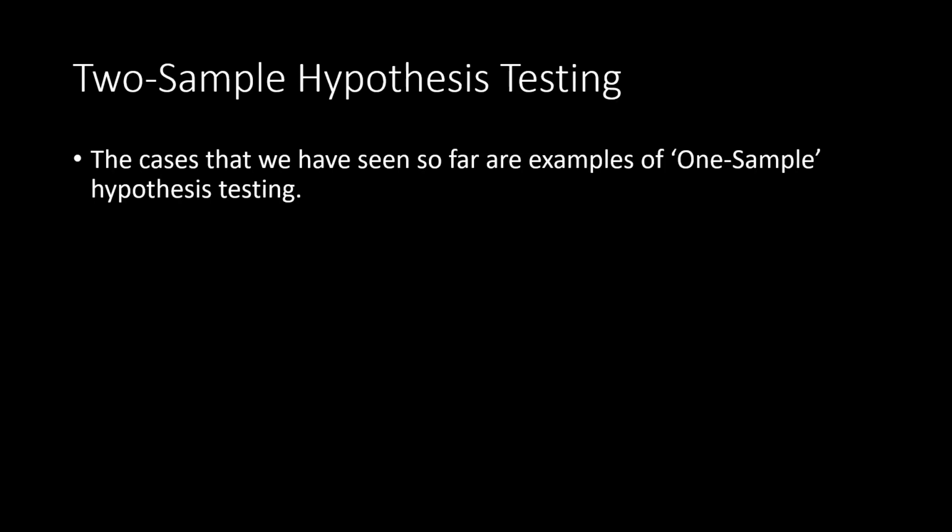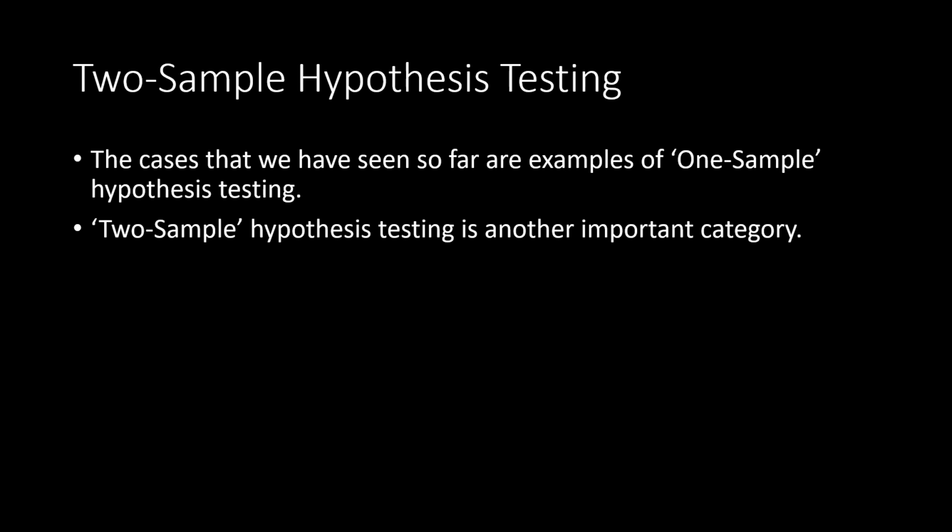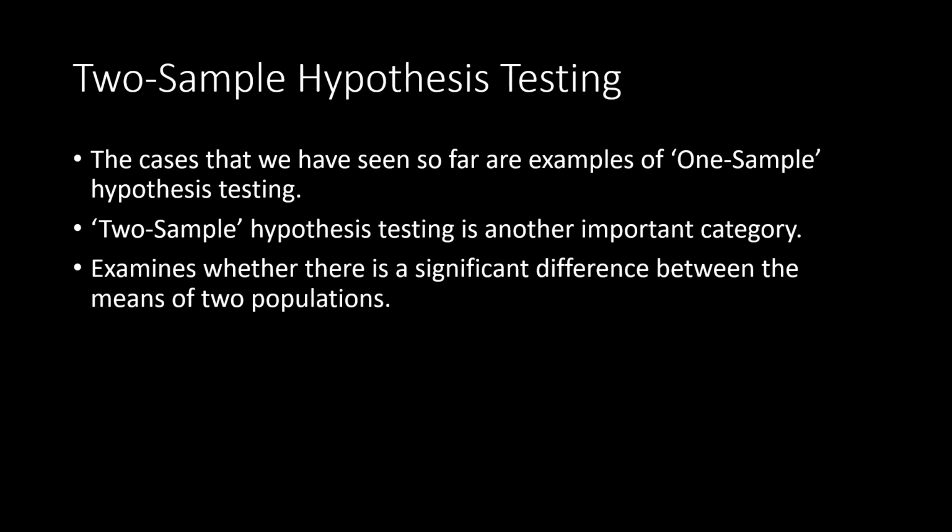Two-sample hypothesis testing. The cases that we've seen so far are examples of one-sample hypothesis testing. But there's another important category called two-sample hypothesis testing, and it examines whether there's a significant difference between the means of two populations.